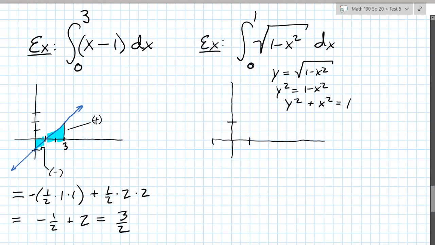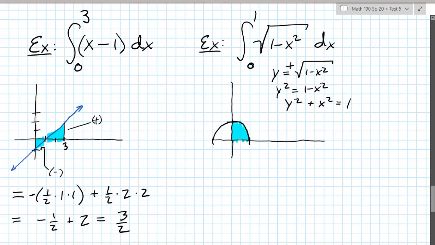It is actually just the top half of a circle, because this is just the positive half of our circle with a radius of 1. So we're looking at the area under this curve.